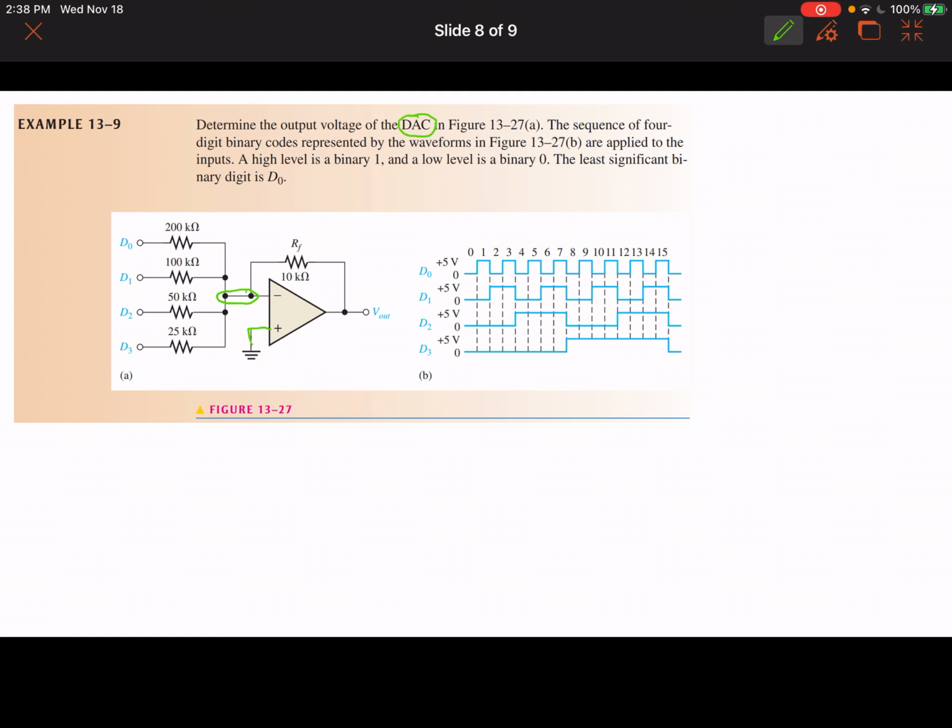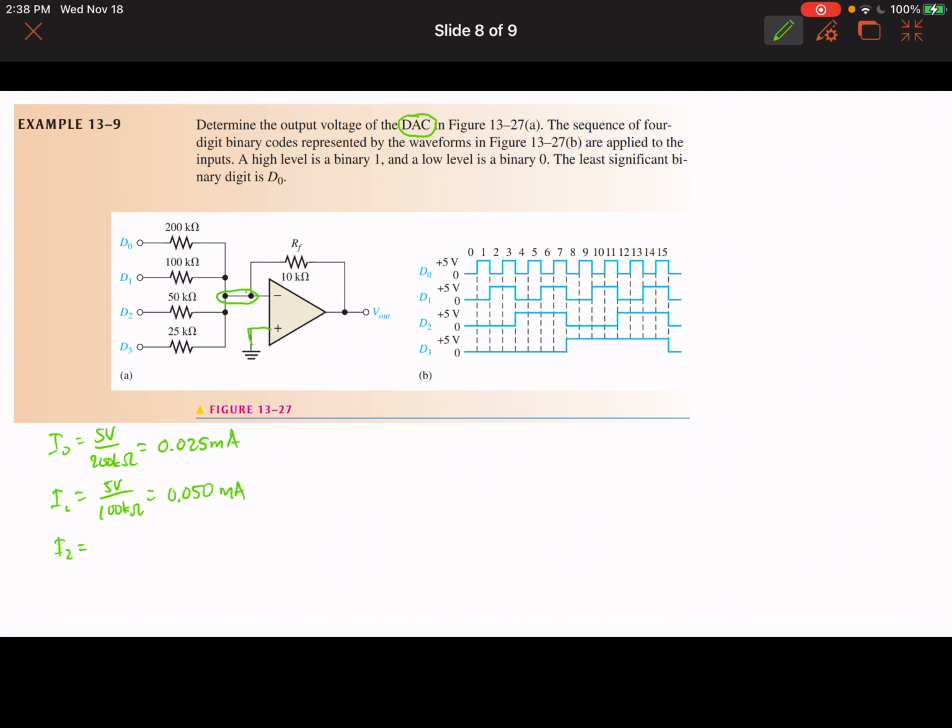So if we have a voltage of 5 volts coming in for each of the inputs, okay, so for I0, we have 5 volts divided by 200 kilo ohms, and this gives us 0.025 milliamperes. For I1, we have 5 volts divided by 100 kilo ohms, so that will give us 0.050 milliamperes.